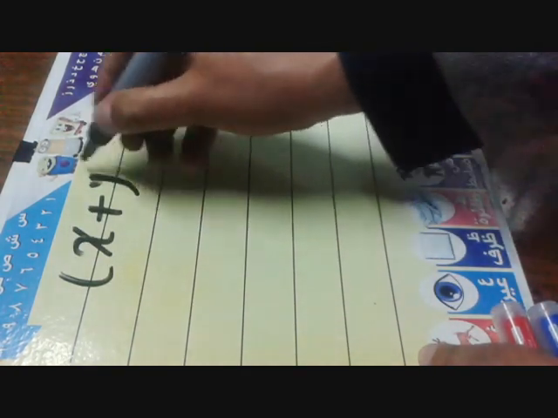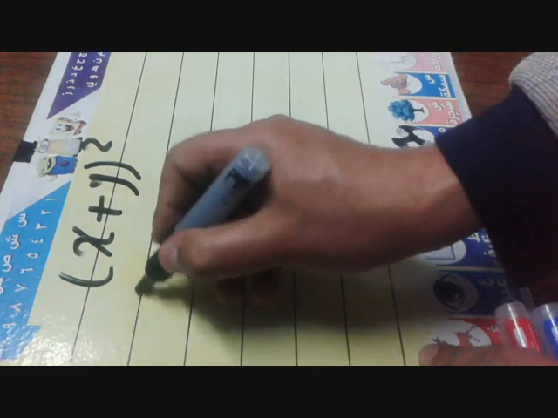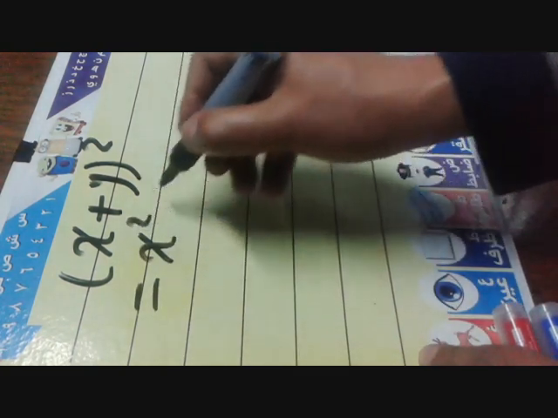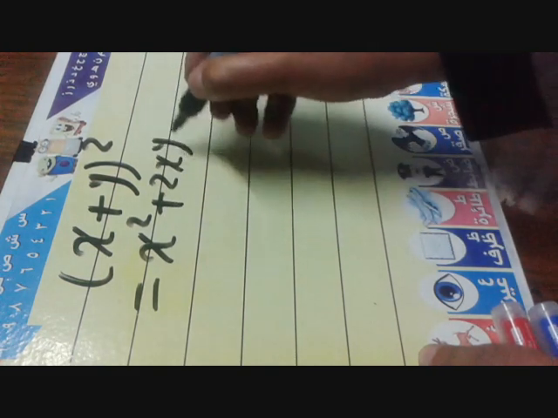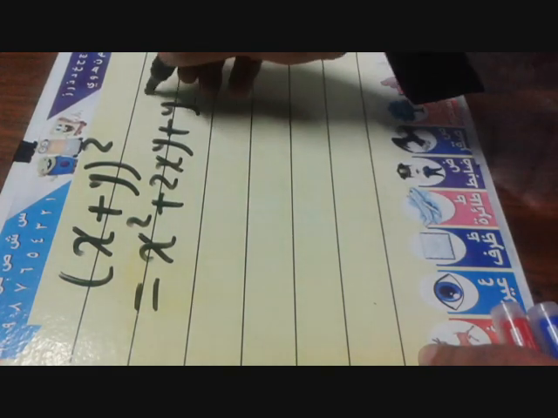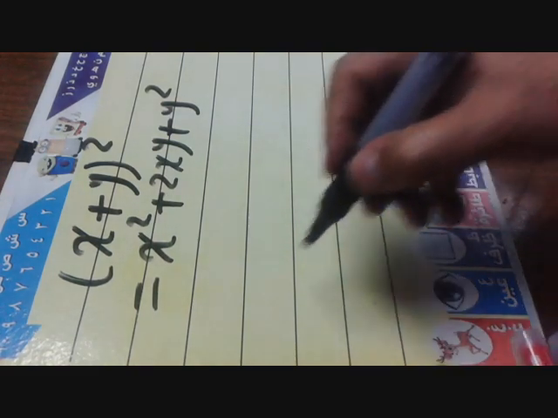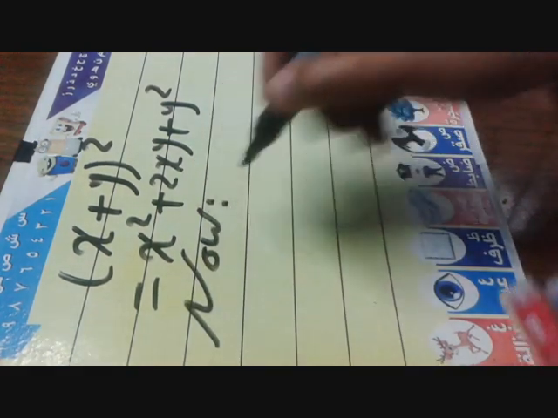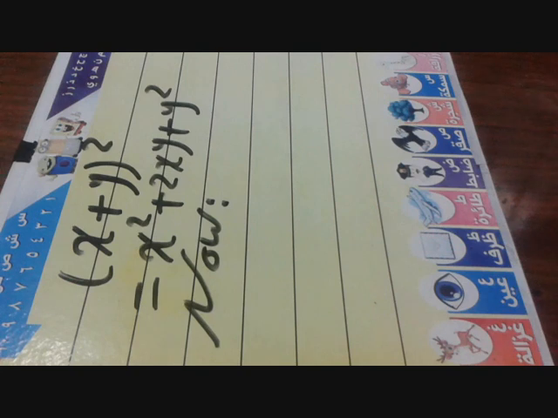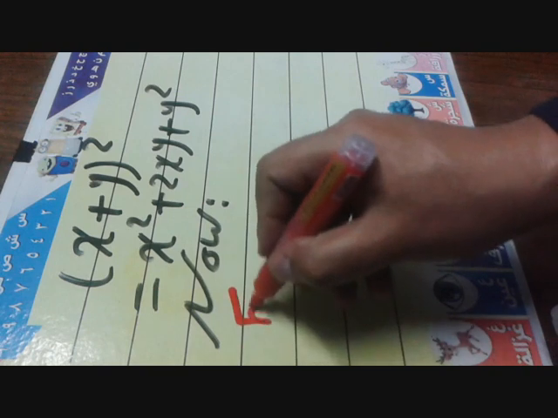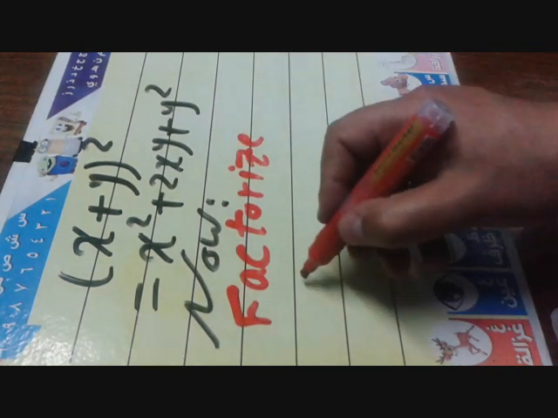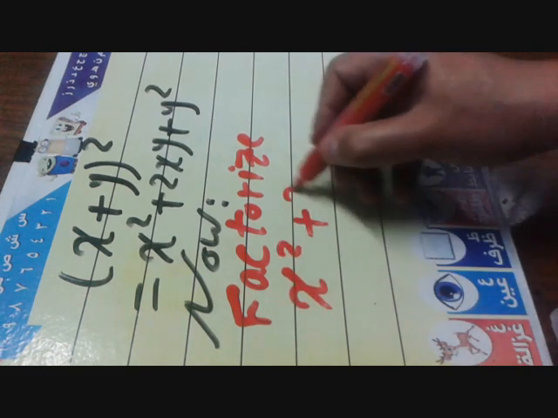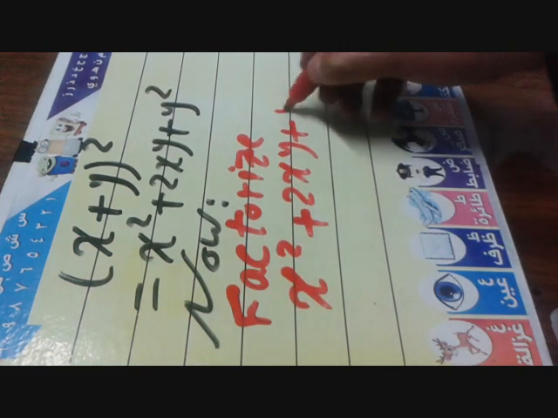X plus y square equals x squared plus 2xy plus y square. According to that, now factorize this. Factorize x squared plus 2xy plus y square.